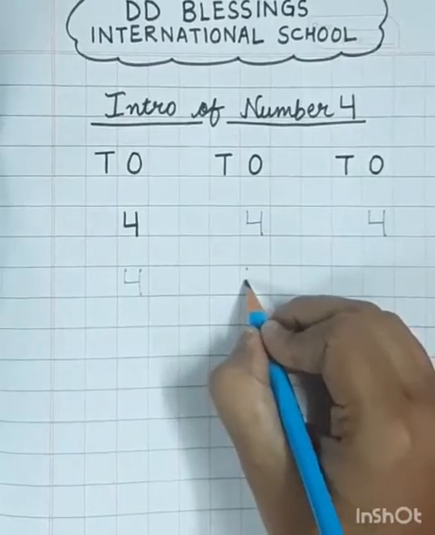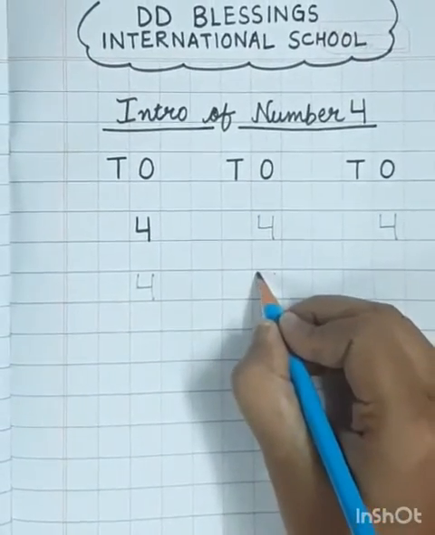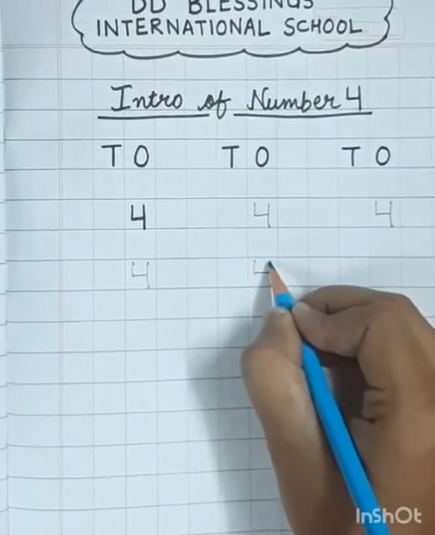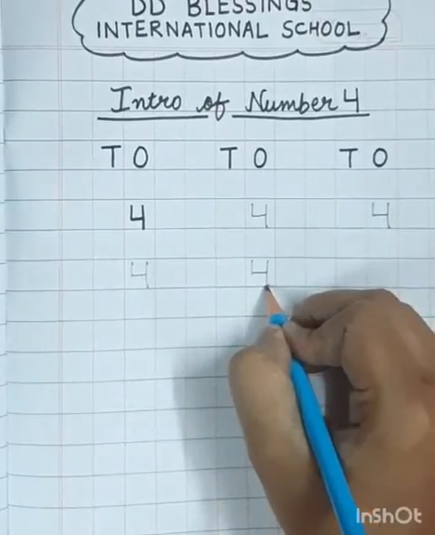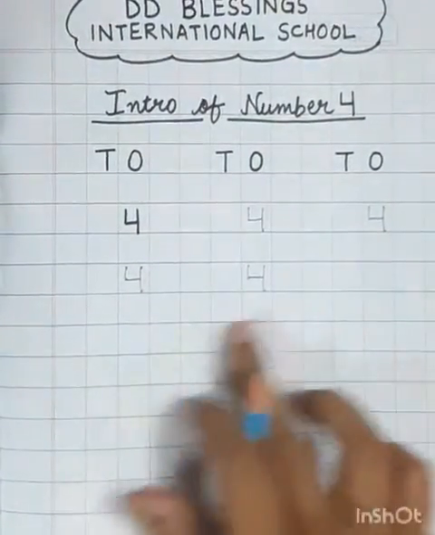This is simple: standing, sleeping, standing. See, small standing line, sleeping line and standing line. Standing, sleeping, standing. This is how we will complete our full page.